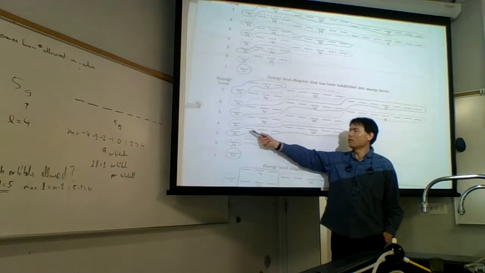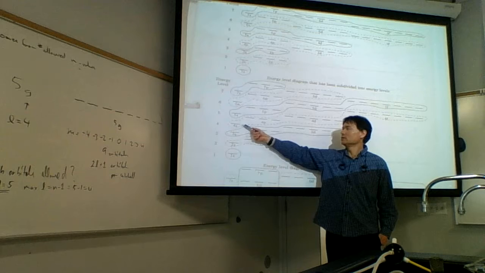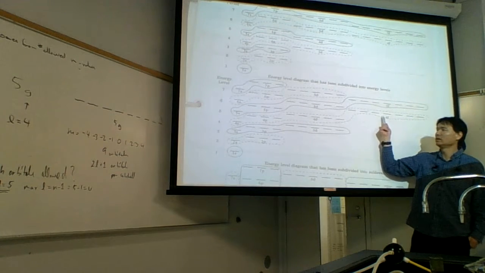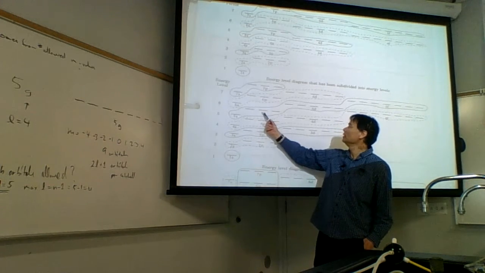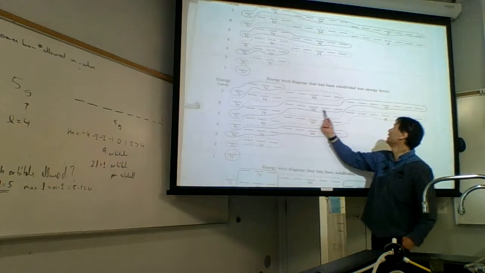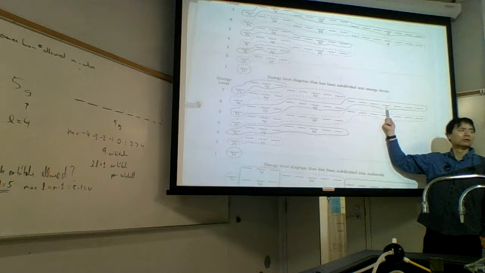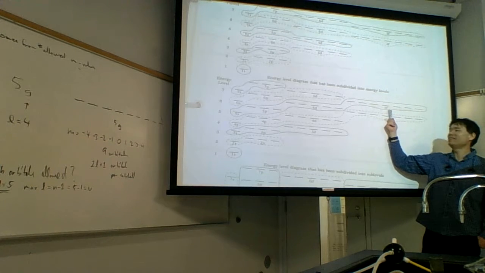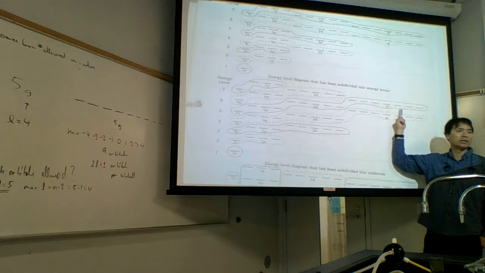When n equals 4, I have L0, L1, L2, L3. When n equals 5, I have L0, L1, L2, L3. What's missing? I have the 5f, and the next one should be the 5g.